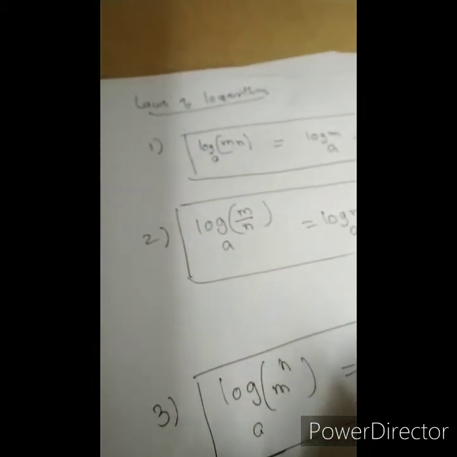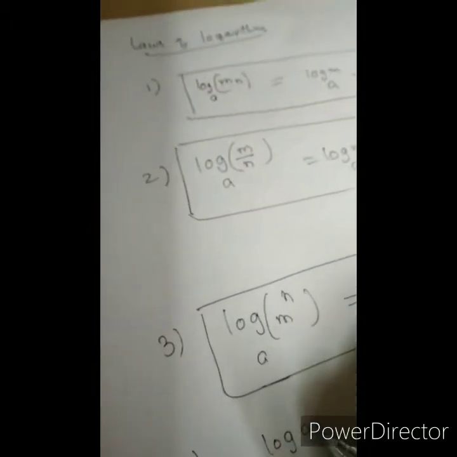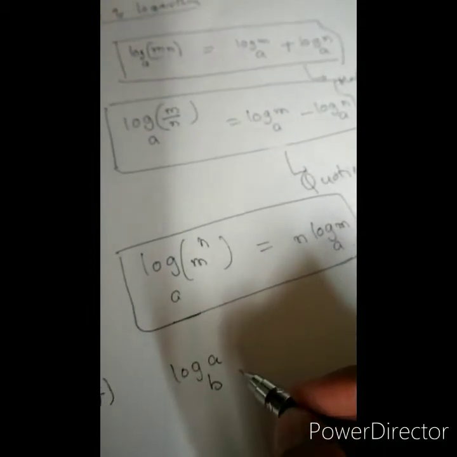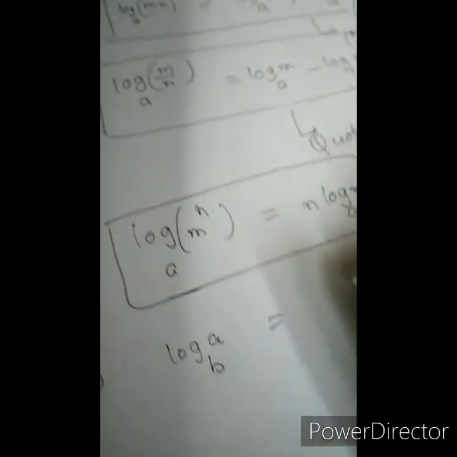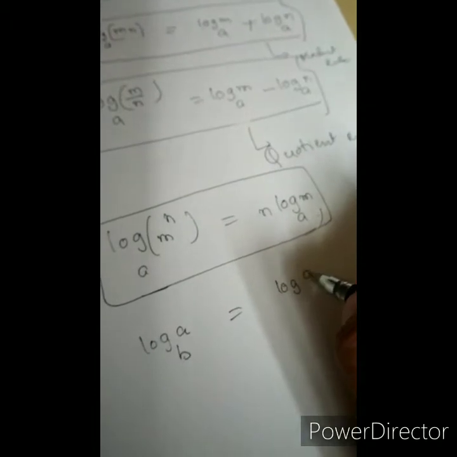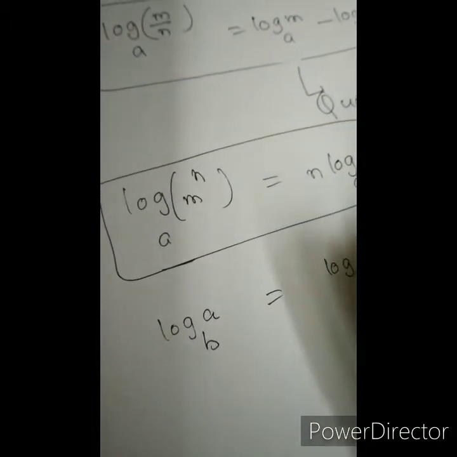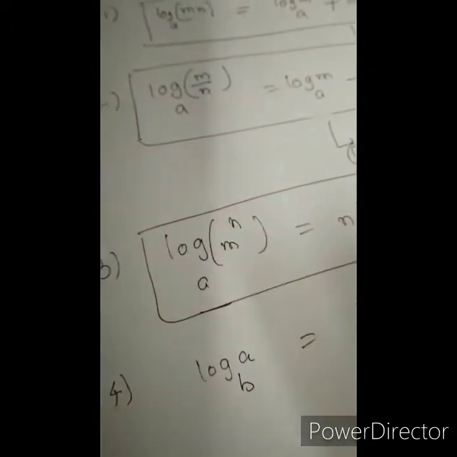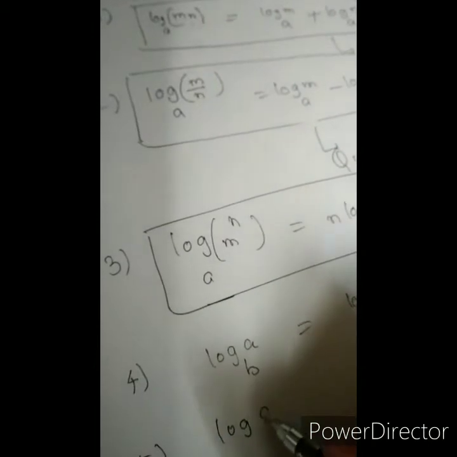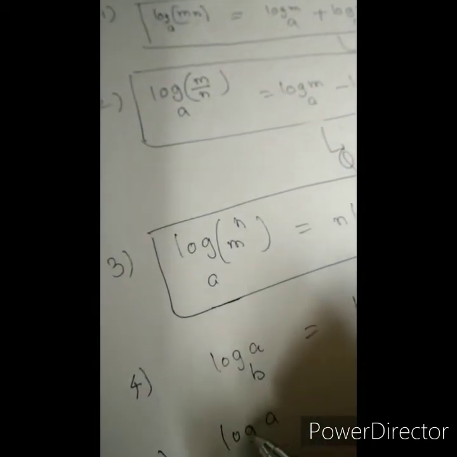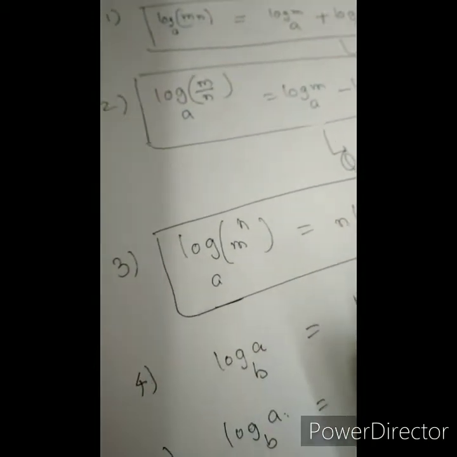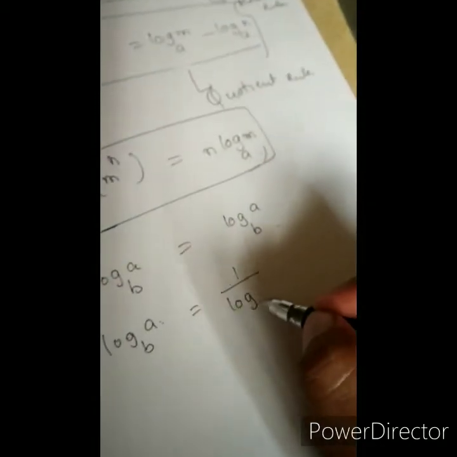Next one, logarithm of a to the base b. And the fifth one, logarithm of a to the base b can be written as 1 by logarithm of b to the base a.